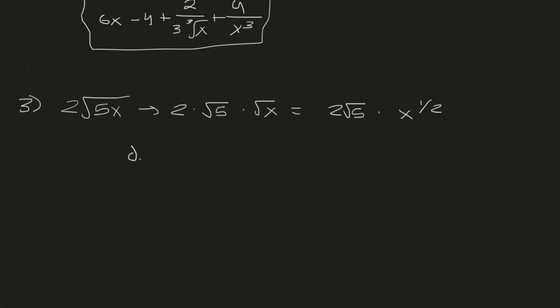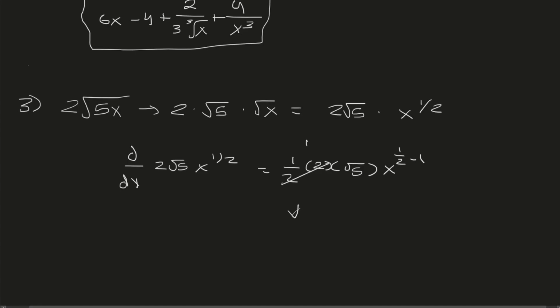And now let's take the derivative of that. So d dx of 2 root 5 x to the 1/2 equals 1/2, because we're bringing it out front, times 2 times the square root of 5 times x to the 1/2 minus 1. So 1/2 times 2 gives us 1.